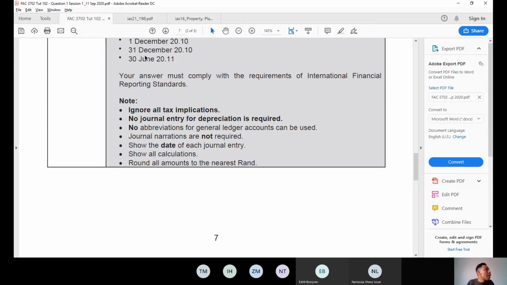In any way, you would not have been able to, because the required does not include the 31st of December 2011, right? But what I said to you is I am going to show you the complete picture. Don't use abbreviations for journal ledger accounts, right? Journal narrations are not required. You need to show all dates for each entry, and then you need to show all the calculations.